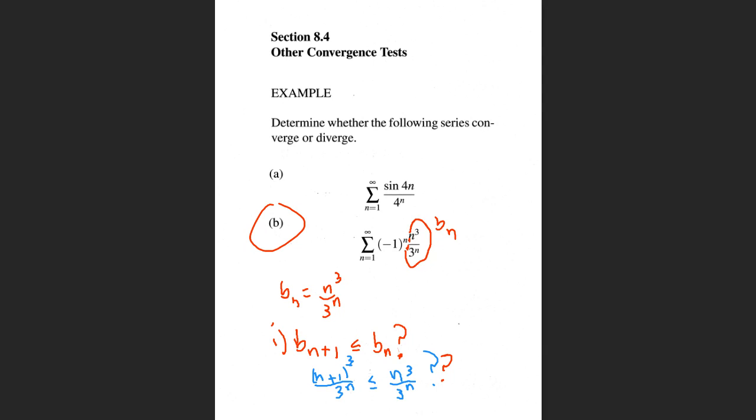So we're going to use a test called the ratio test. And what I'd like to do is bring this test up for you. Let me bring up the ebook.